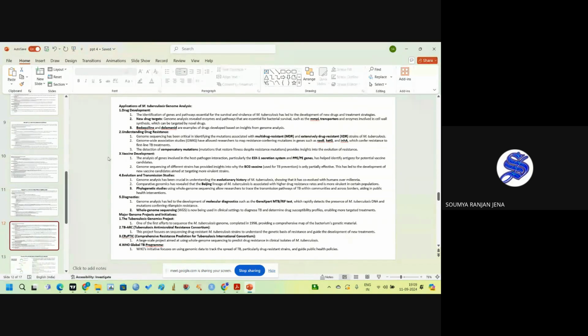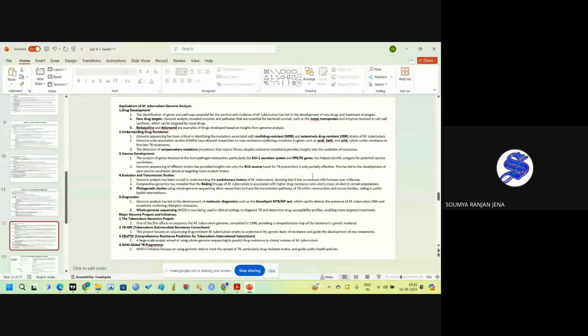And this study also analyzes the different vaccine treatments for tuberculosis patients, that is the BCG vaccine used for TB prevention, and evaluation of major transmission studies. Genome analysis has been crucial for understanding the evolutionary history of this tuberculosis species, showing it has co-evolved with humans over millennia.